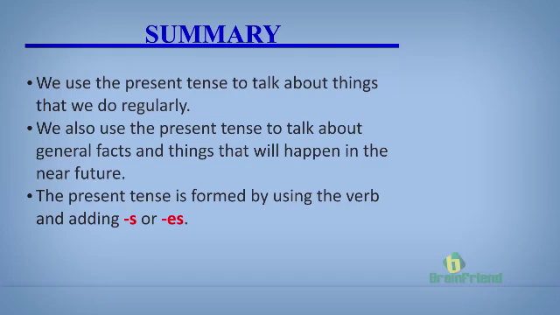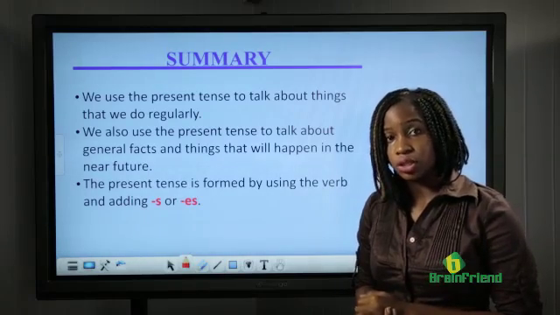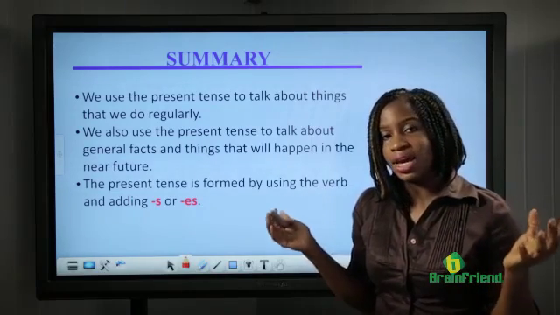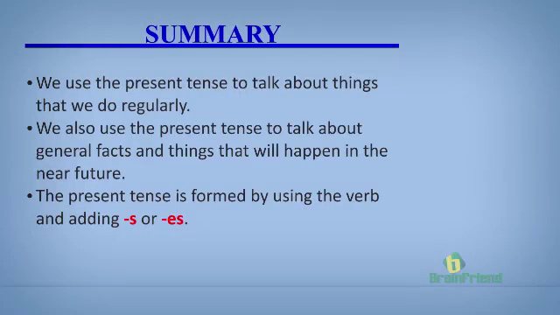And we also learned how to form the present tense. How do we form the present tense? We form the present tense using the verb in its original or main form. That is just the way it is. But in some special situations, like when talking in the third person singular, we add s to the verb or we add es.